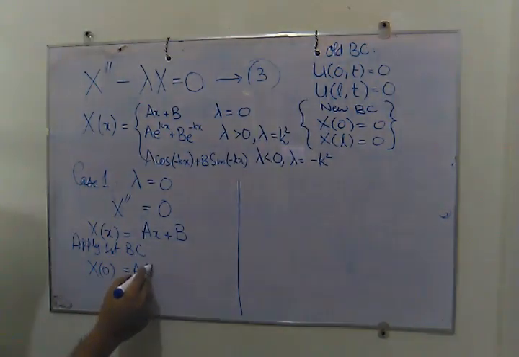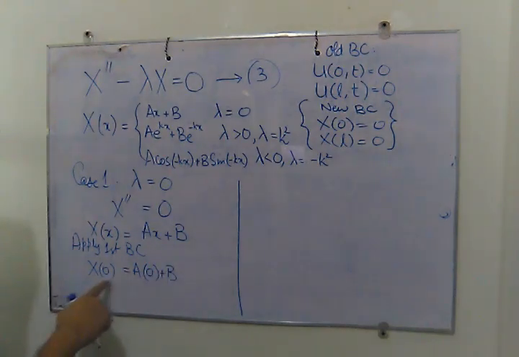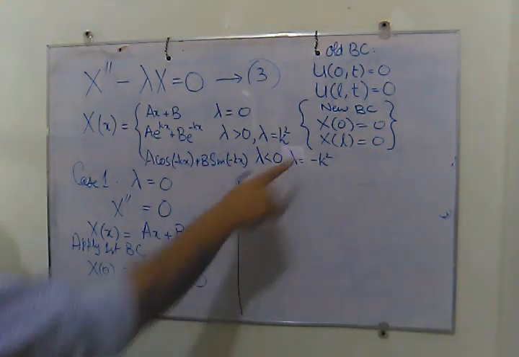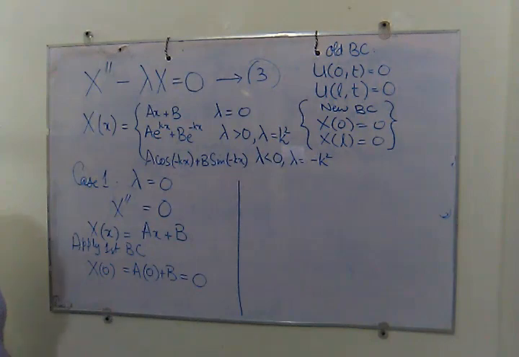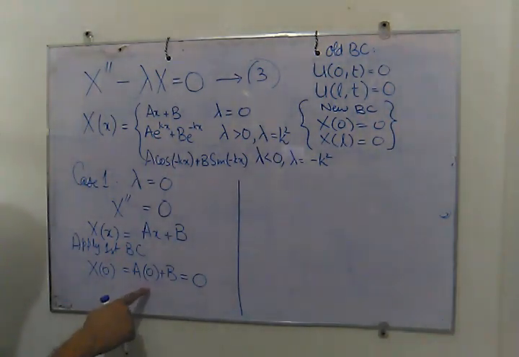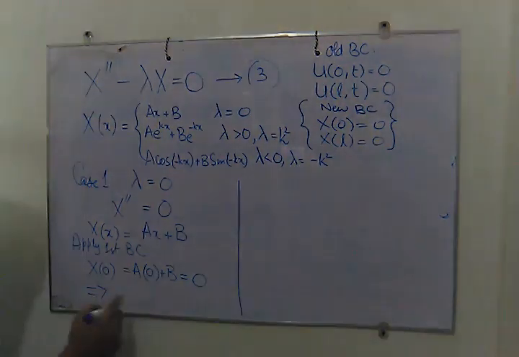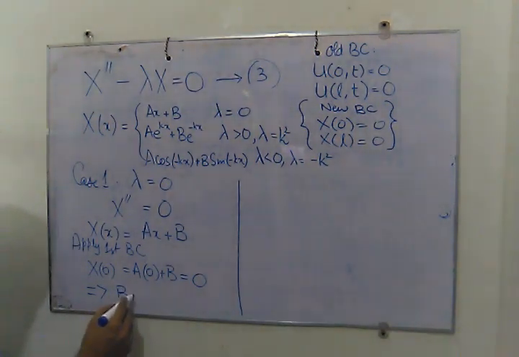Then a into 0 plus b, and this X of 0 is equal to 0, as we have seen here. This means that a multiplied by 0 becomes 0, the remaining is b, so b is equal to 0. So the coefficient becomes 0.